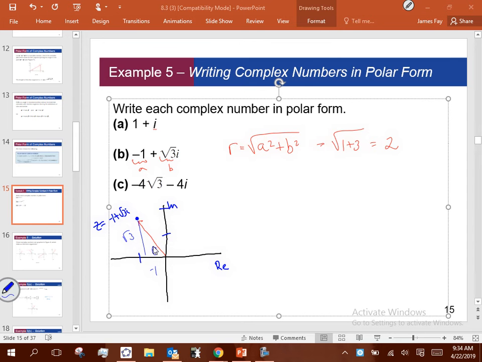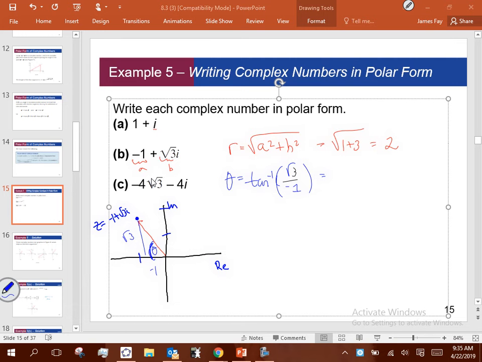When I find theta, we're going to say theta is equal to tangent inverse of b over a. That's the formula for finding theta. If you go back to rectangular form with the Cartesian plane, it was y over x, right? But now our y-axis is the imaginary component, which is b, and our x-axis is our real component, which is a. That's the same procedure as what we've been doing.